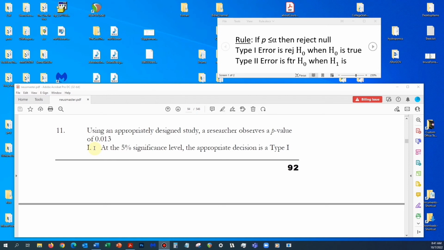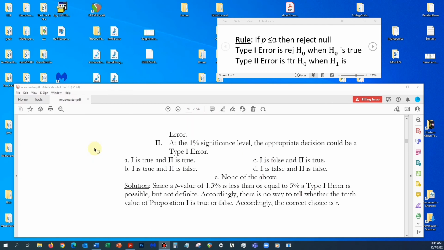And this is what in mathematics we call an indeterminate truth value. But there are no choices with indeterminate truth values. And so this tricky little multiple choice question, the correct choice is E, none of the above.